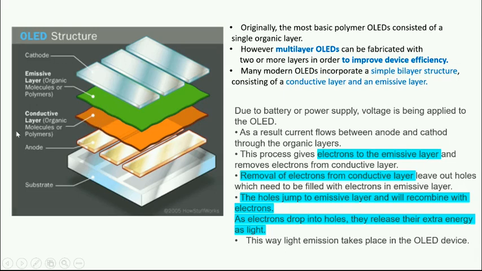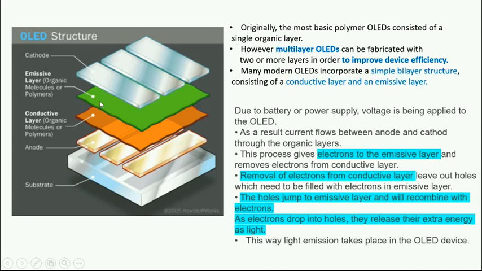So what is happening when supply is applied? When supply is given, there will be more electrons in the emissive layer and more holes in the conductive layer. When an electron makes a transition from the emissive layer to the conductive layer, or we can say a hole moves from the conductive layer to the emissive layer, both are correct, right?